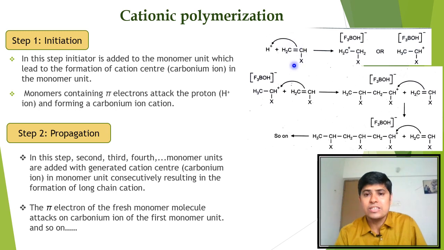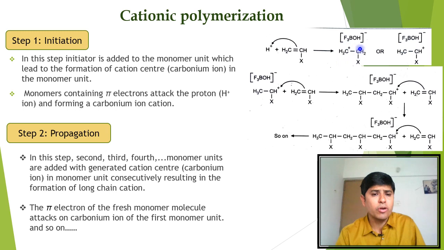We may get a primary cation center or a secondary cation center depending on the reaction conditions. Monomers containing pi electrons attack the proton H plus of that hydrate species, forming a carbonium ion cation.